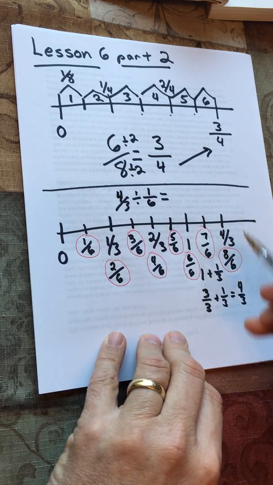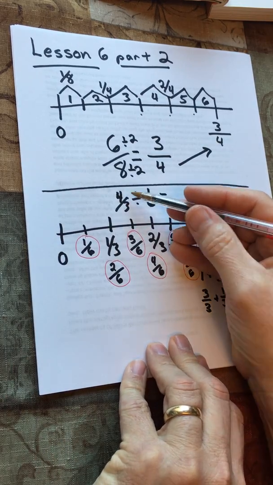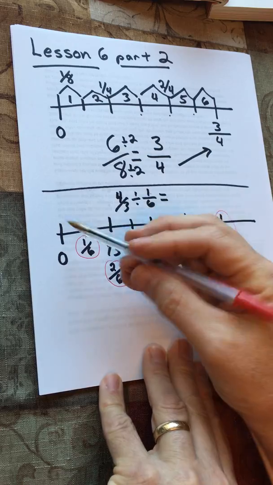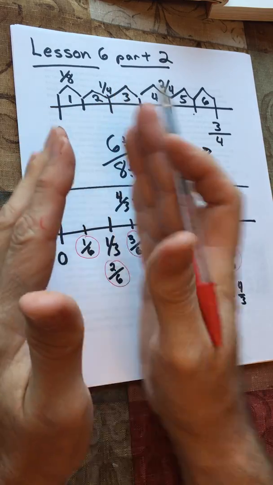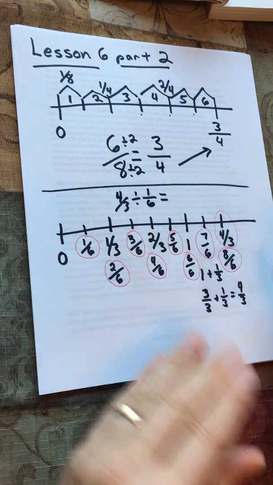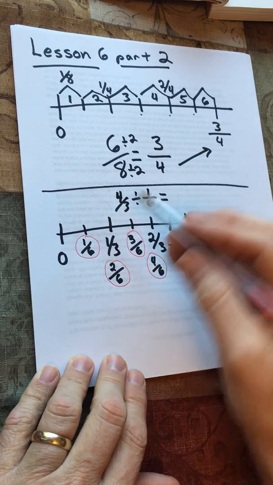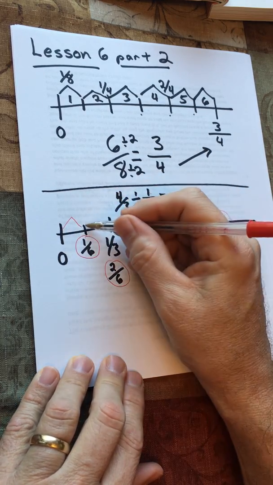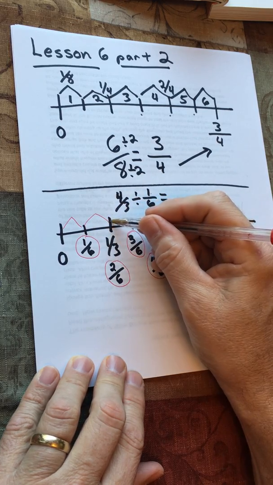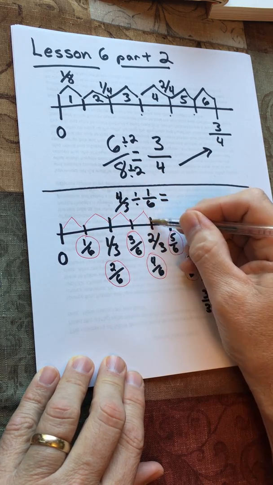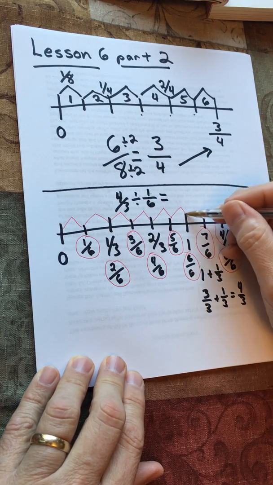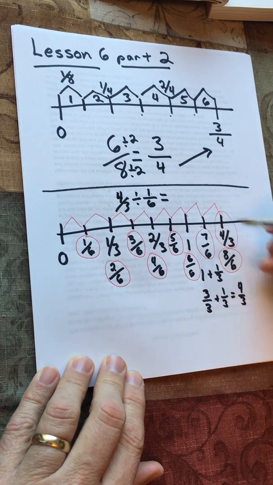Okay, so if we divided 4/3, that was this distance all the way down here, by 1/6, how many of these chunks of 1/6 can we get out? If we cut it up into 1/6 parts, how big are they going to be? Well, let's see. I've got one here, that's 2, 3, 4, 5, 6, 6/6, 7, 8.